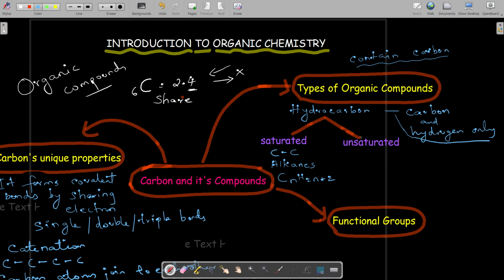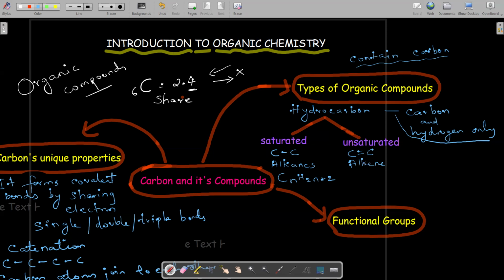Likewise, there are unsaturated hydrocarbons. These hydrocarbons have a carbon double bond carbon, and this family is called the alkene family. Remember, alkanes contain only single bonds, but alkenes have a double bond.